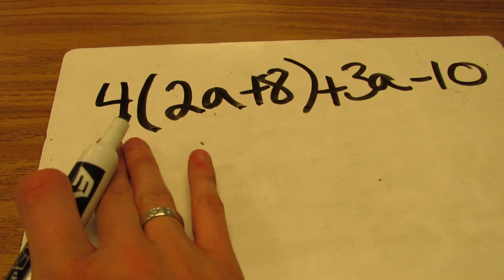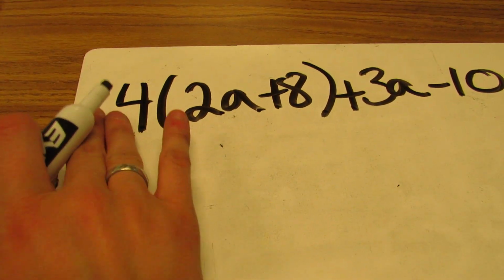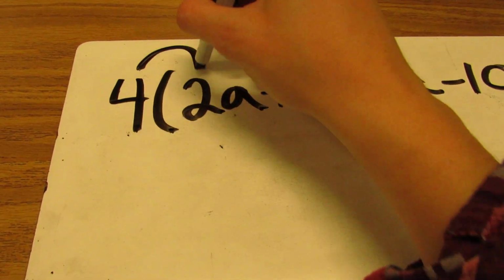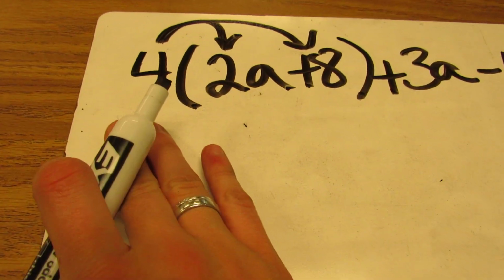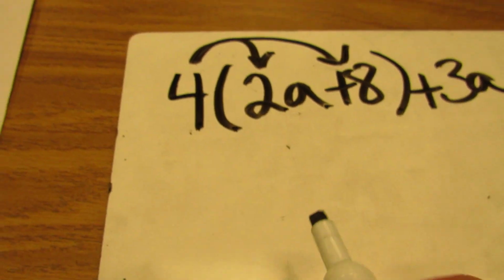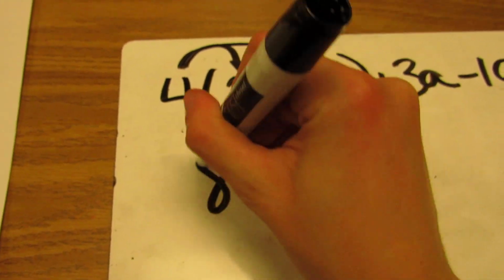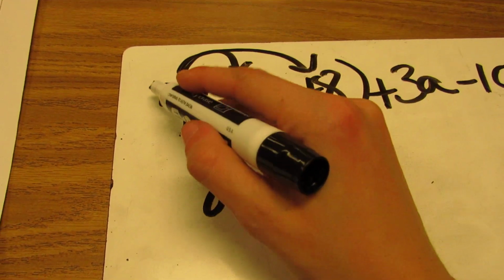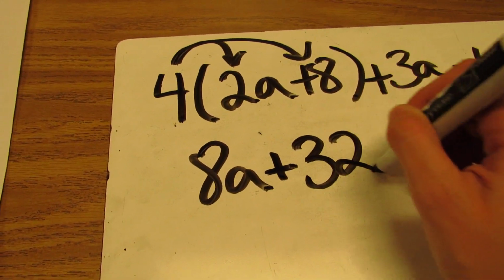Whenever I have a coefficient outside my parentheses, I distribute. This is also a GCF, okay? So if I go ahead and distribute, actually take that back, that is not the GCF. Ignore me. When I distribute, I get 4 times 2a, that is 8a, okay? When I distribute to 8, I get plus 32.